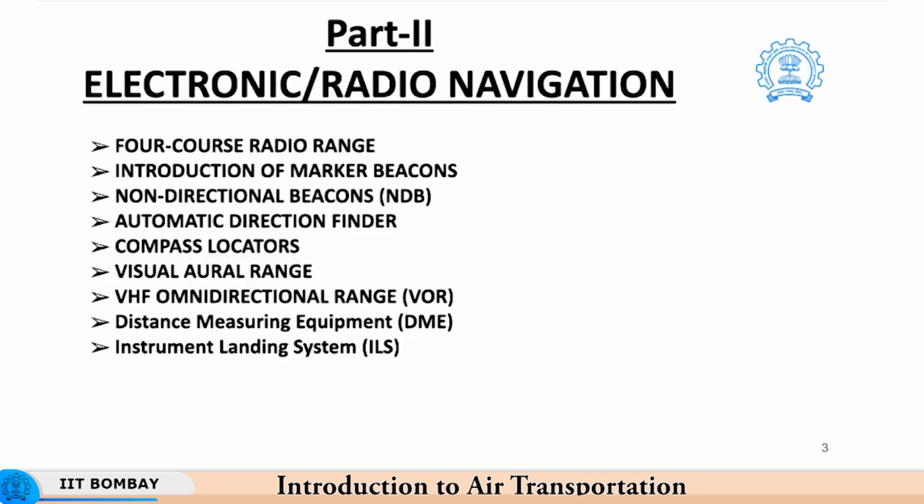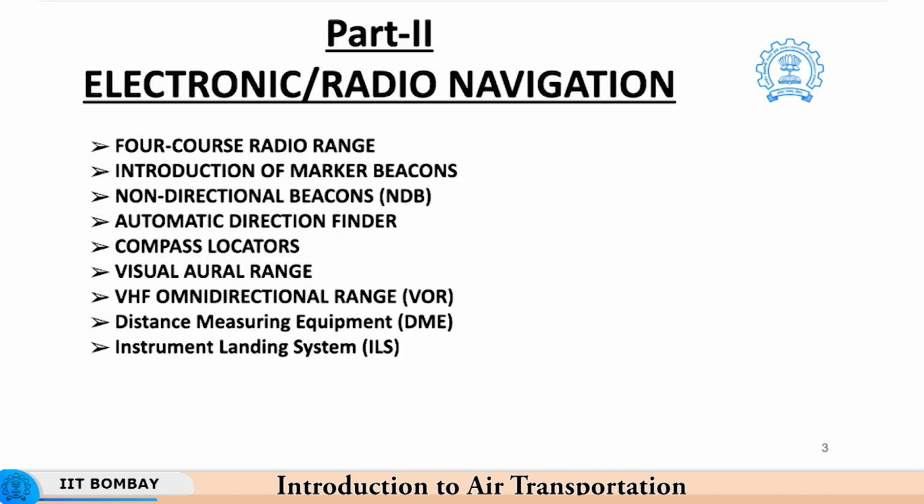So in this part 2 of the lecture on air navigation, we will cover a key part of air navigation, that is electronic or radio navigation. This type of navigation makes use of a number of onboard instruments and radio navigation aids.